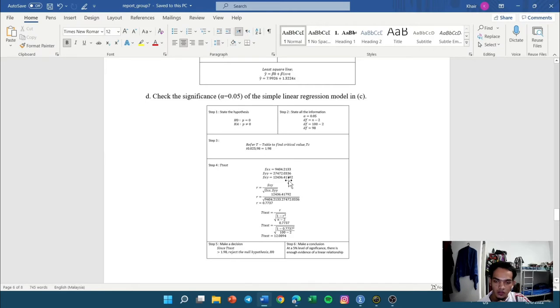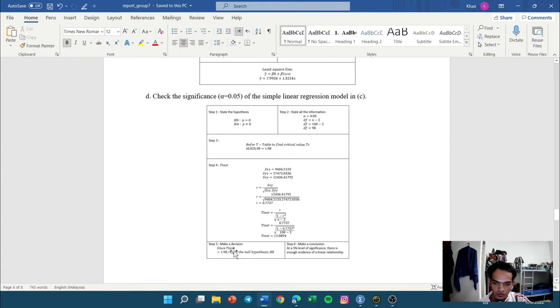Step 4, we find the t-test. First we find r. The value for r we get is 0.7737, and we get a value for the t-test of 12.0894. Step 5, we make a decision.